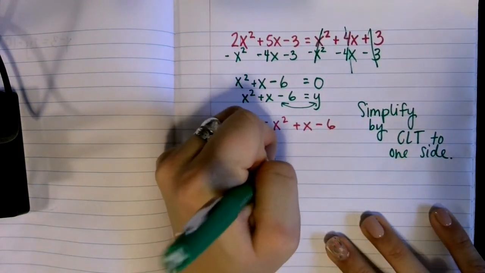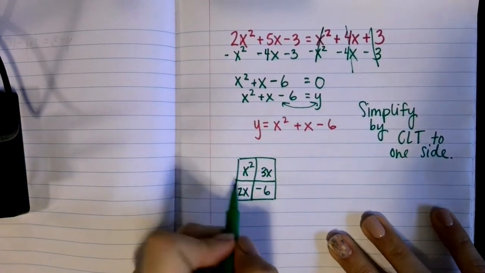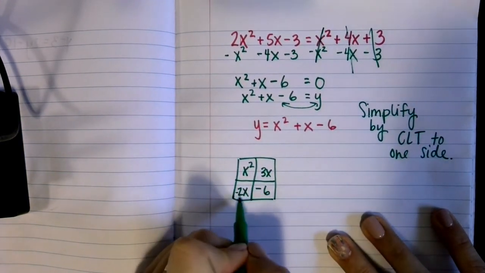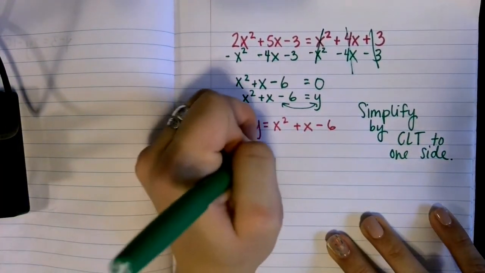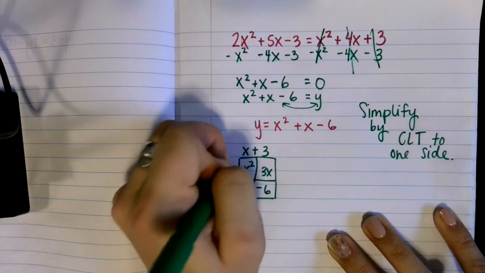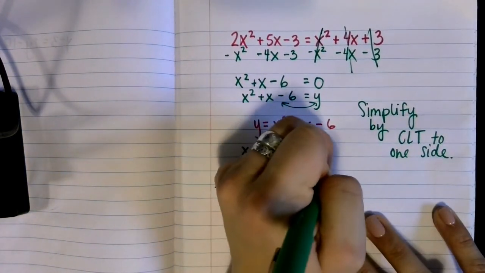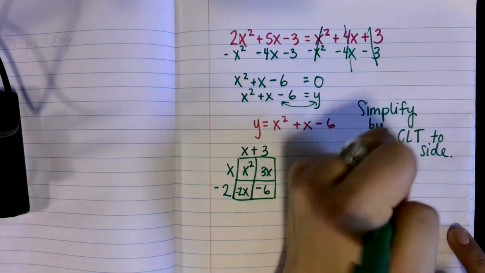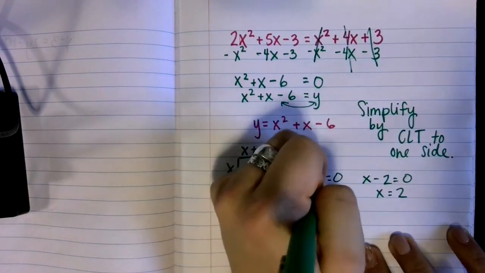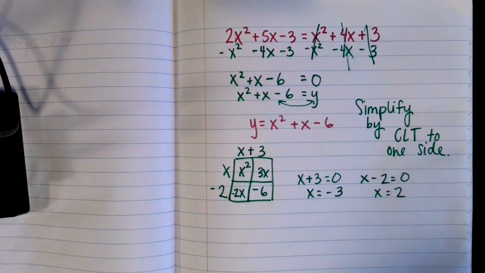So that's going to be 3x and 2x, and the 2 needs to be negative because -2 plus 3 would give me that positive 1. So I end up with x plus 3, x minus 2, and when I set each of these equal to 0, I get those two solutions that we found previously on the graph, or our x-intercepts.